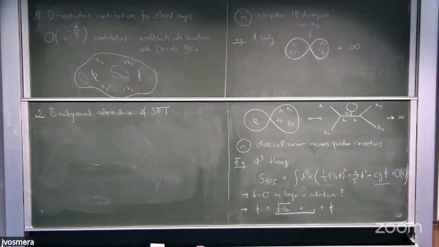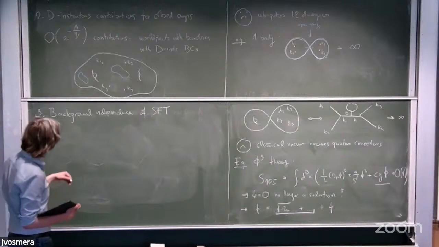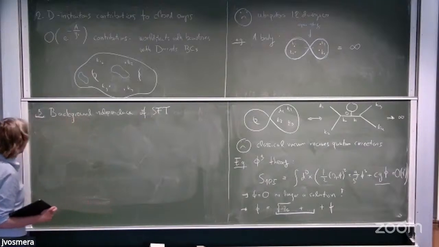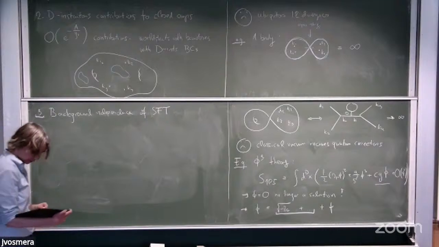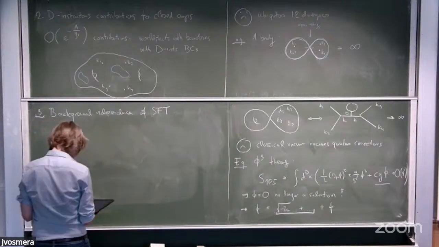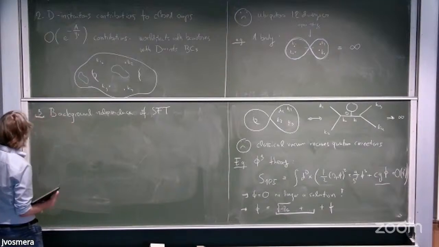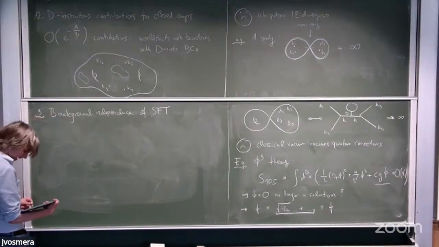We first need to fix a consistent critical background for the propagating string. And then having fixed that background, we can basically only compute the observables for that fixed background. In SFT, the situation is much richer than that.